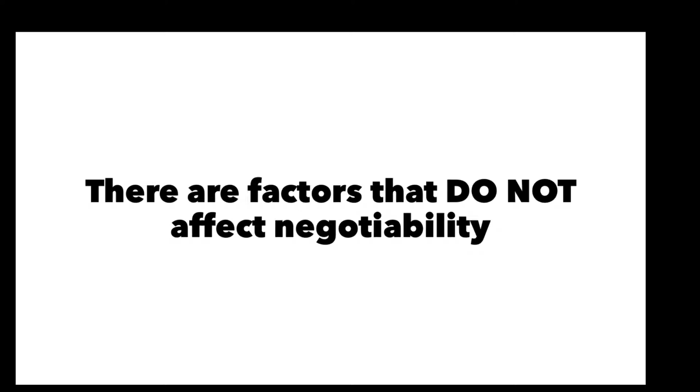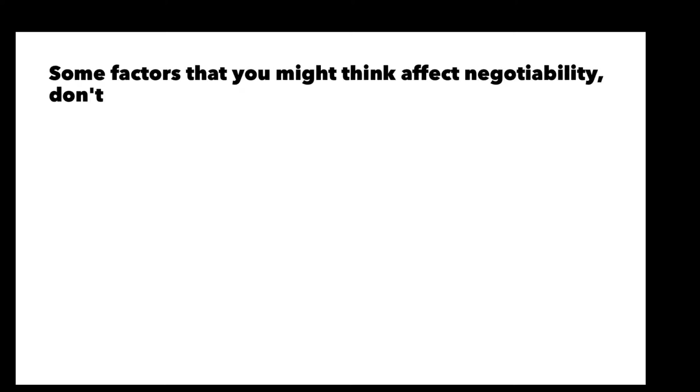But there are some factors that you might think affect negotiability, but don't. For instance, an instrument can be undated. We've talked about all the requirements for a negotiable instrument, and oftentimes there's a place for a date on a draft or on a promissory note.